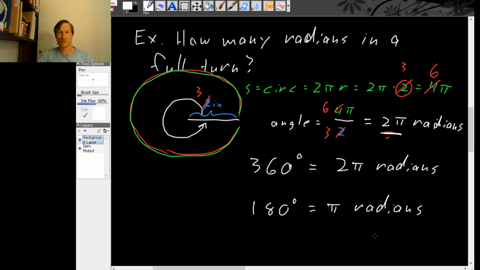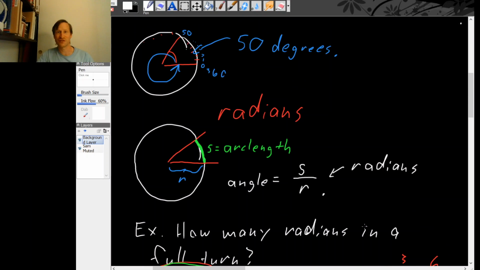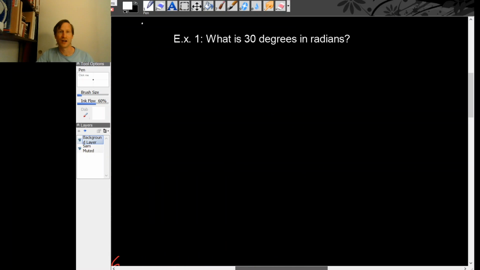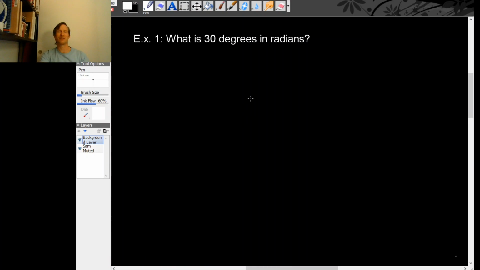So let's use this conversion factor on a couple examples. For our first example, let's figure out what 30 degrees is in radians. So 30 degrees. Now remember, we have this conversion factor, 180 degrees is equal to pi radians.